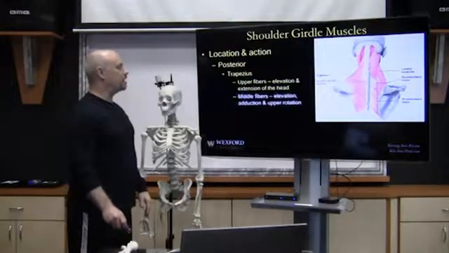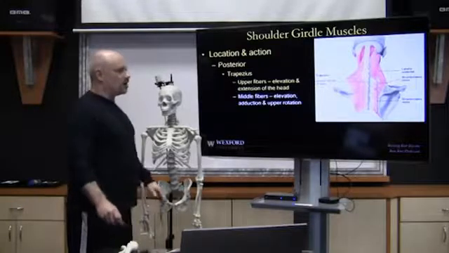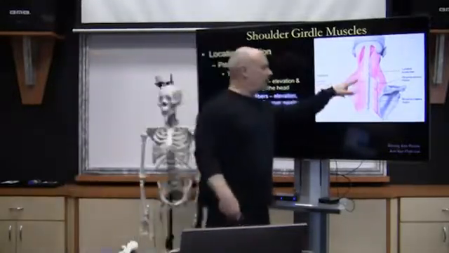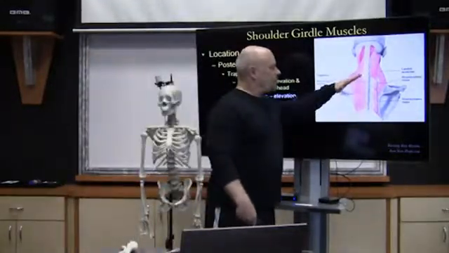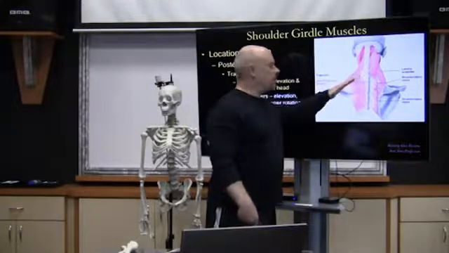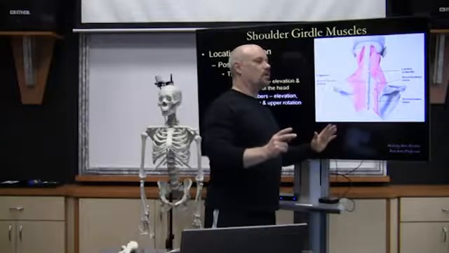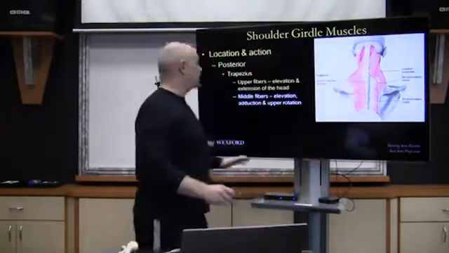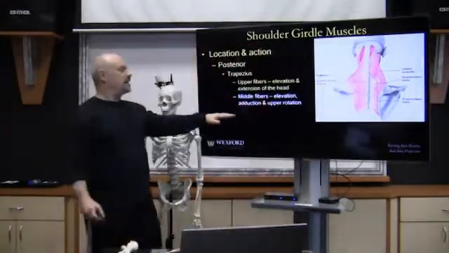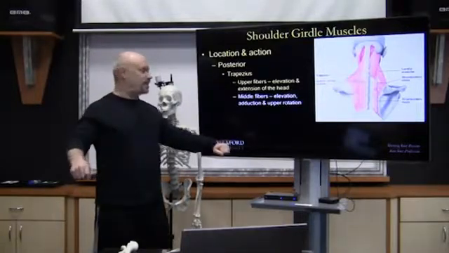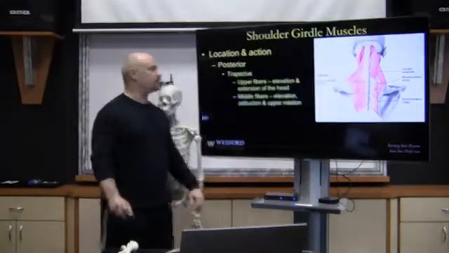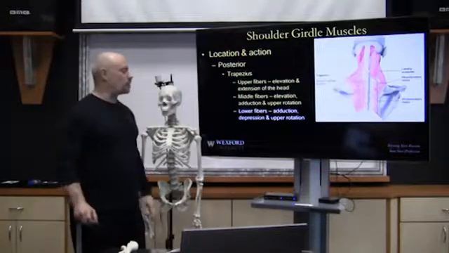The middle fibers cause somewhat of elevation, because remember, you have to look at the fiber angles. Are they pulling upward this way, which would cause upward rotation, or just elevation? They cause elevation, abduction, retraction, and upward rotation, as we saw before in that force couple.